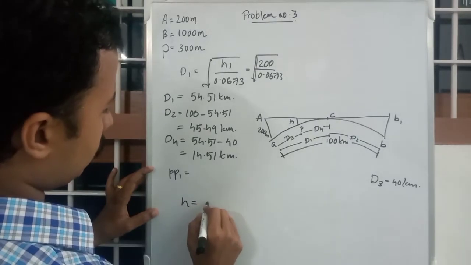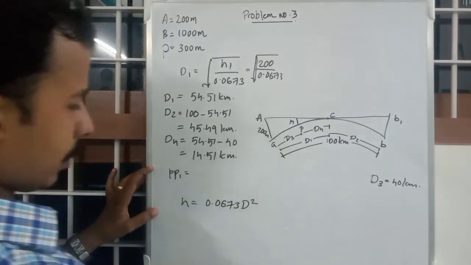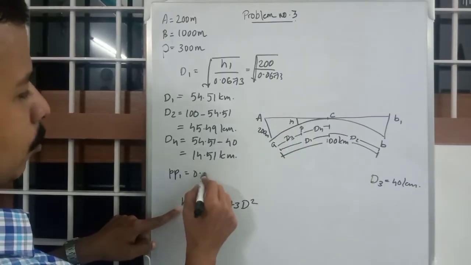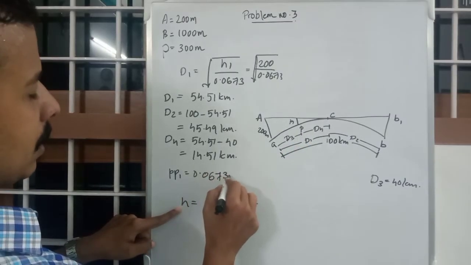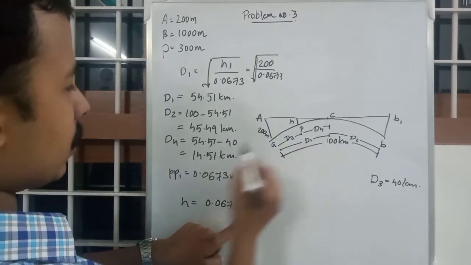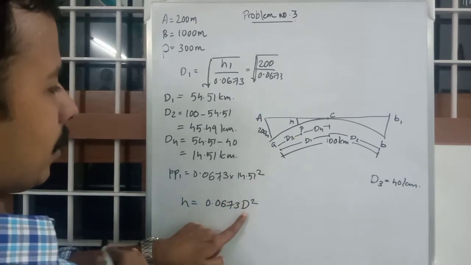H is equal to 0.0673 D square. H is PP1, 0.0673 into D, and D here is D4, 14.51 square.